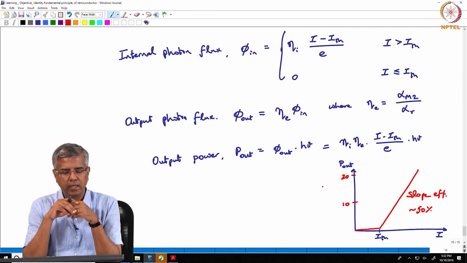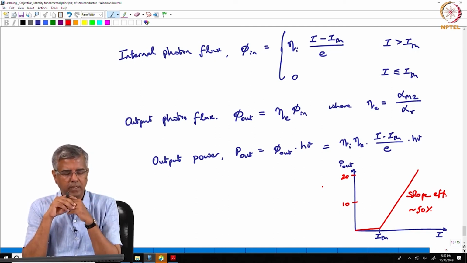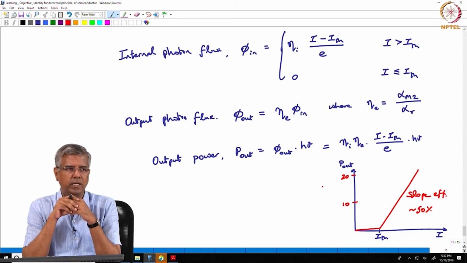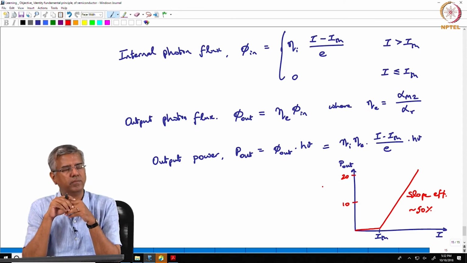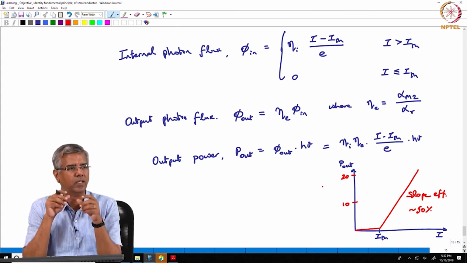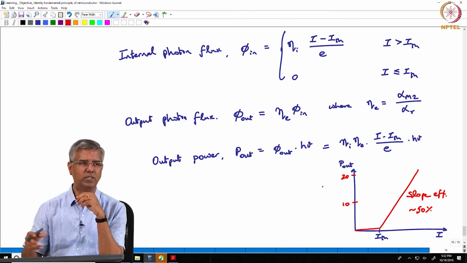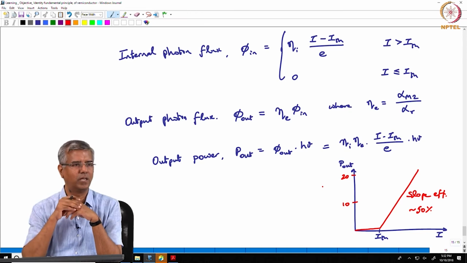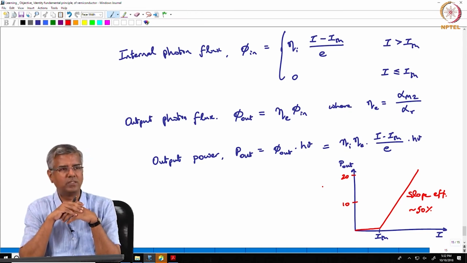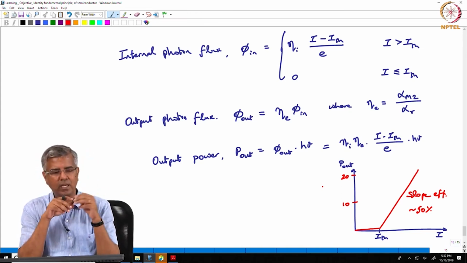On the other hand, I should also mention that in our laboratory we have lasers that emit 120 watts, which is the highest power level that we have from a semiconductor laser. So, here I am talking about tens of milliwatts, there I am talking about tens of watts. So, what's the difference?